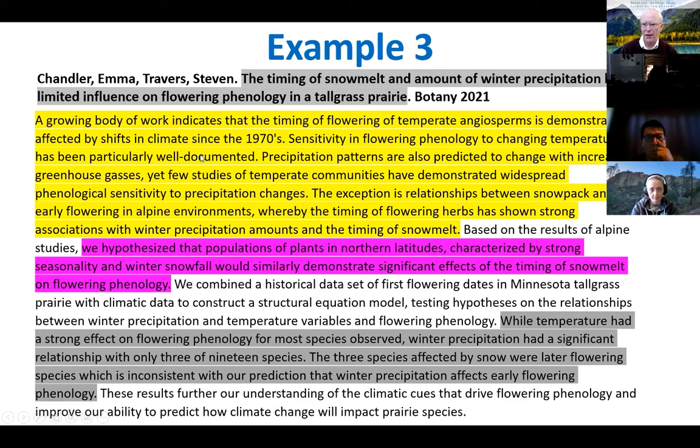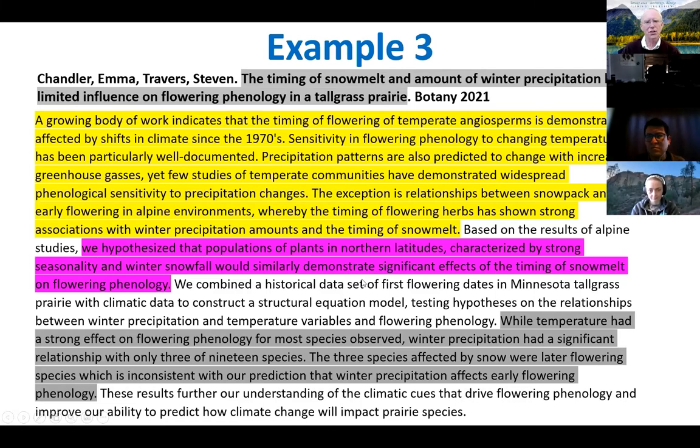And then another thing they did here is they found a different way of introducing their problem. Instead of saying, here's the background, but this is the problem, they said, here's the background, and we hypothesized. So just another kind of wording to vary up how you present your problem.